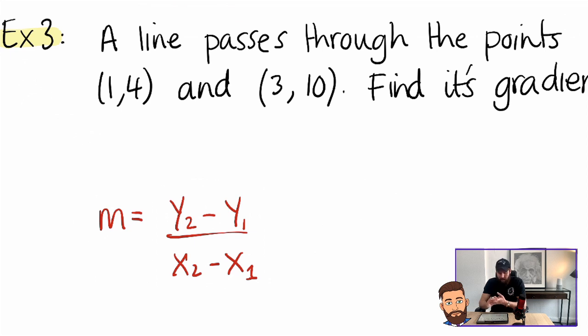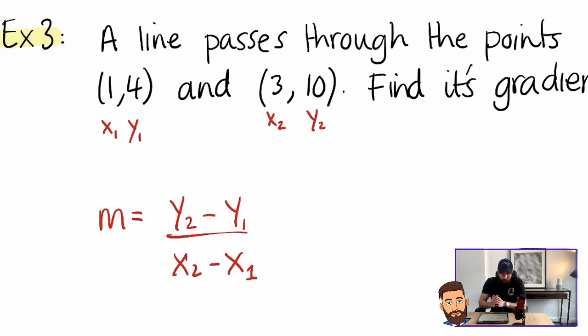So the first thing you're always going to do is label the first coordinate x1, the first x value, and y1, the first y value. We're going to call the next coordinate, the second one they give you, x2 and y2, because it's the second x coordinate and the second y coordinate.